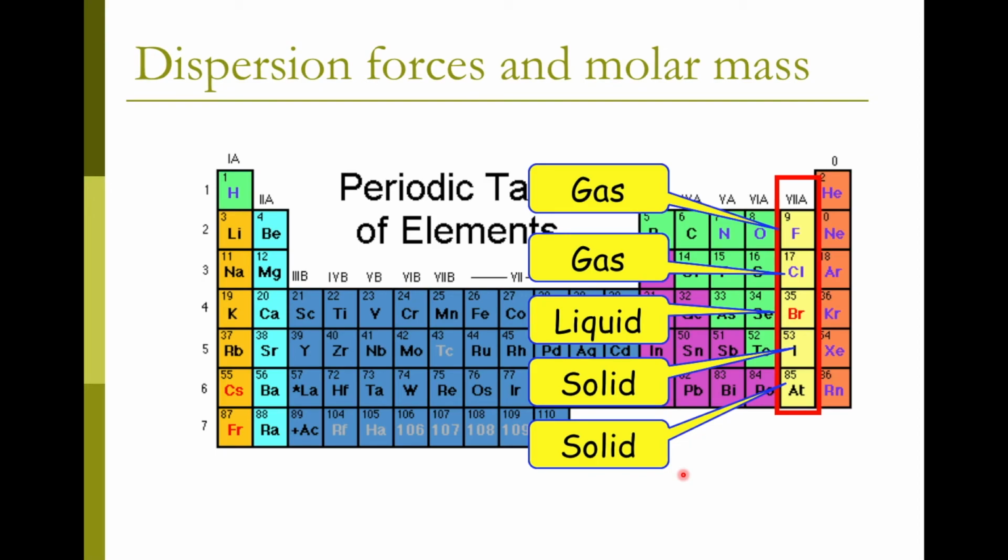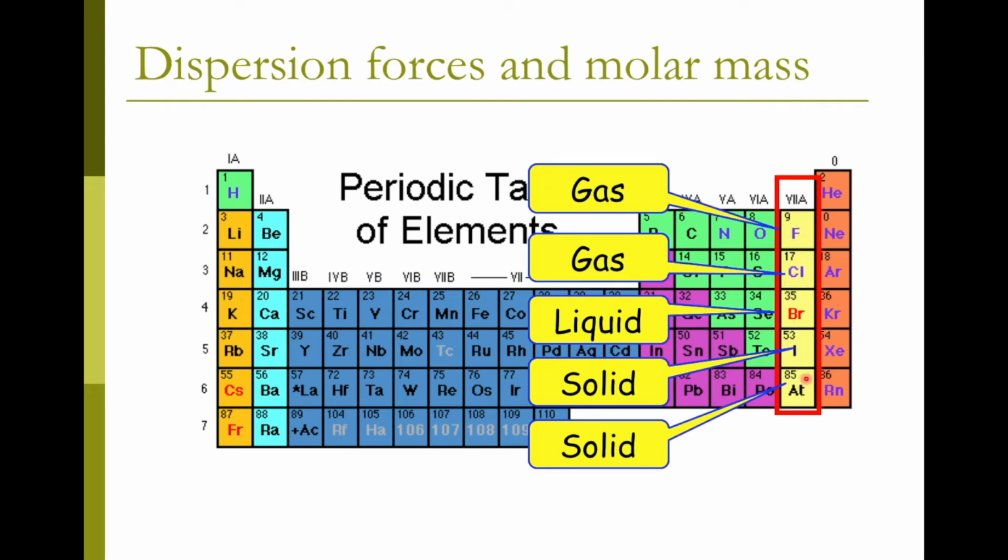This actually explains why the halogens are different colors. If you look at your periodic table, the halogens like fluorine and chlorine are all what we call diatomic, which means that they bond with themselves. So you see fluorine bonded with fluorine, chlorine bonded with chlorine to make Cl2, Br2, I2, astatine, At2.